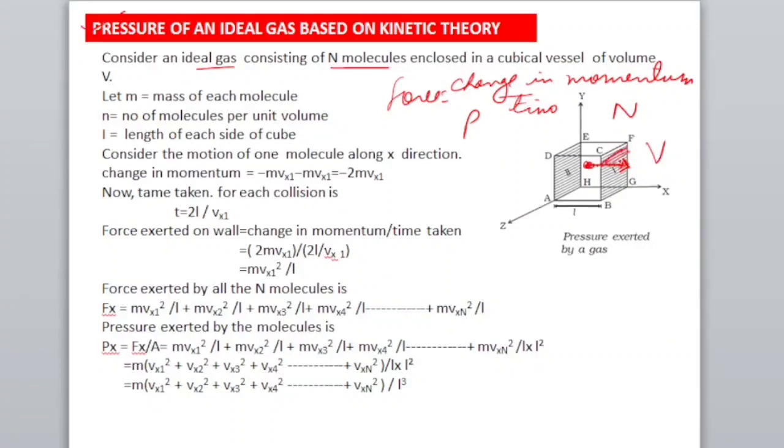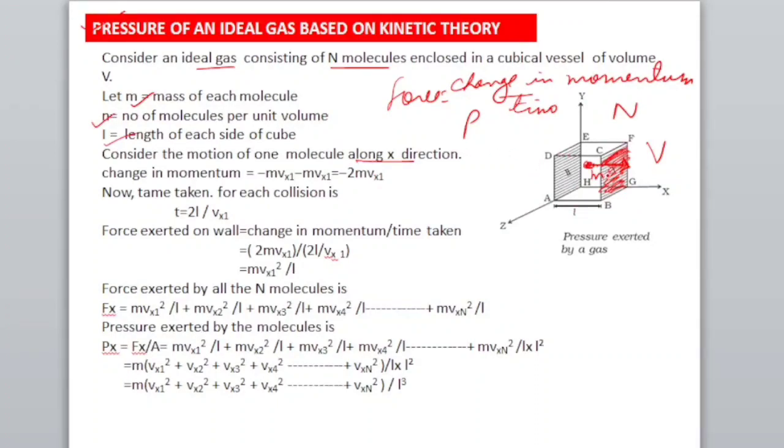This is the area of this face. Let small m be the mass of each molecule, small n the number of molecules per unit volume, and L the length of the side of the cube. So here I am considering the motion of one molecule along the x direction.